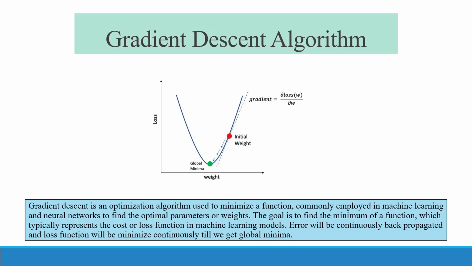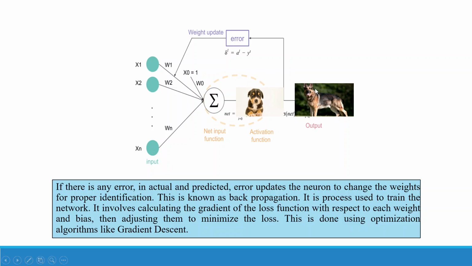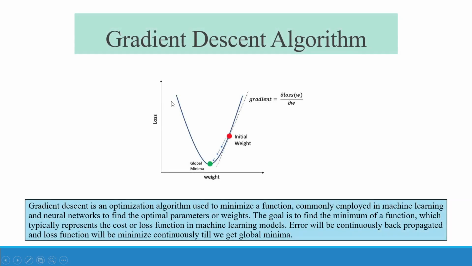Now let's see the graph of gradient descent. It's very simple. See, this is loss. Loss means the difference in the actual and predicted. The error should be minimum. So this algorithm will run till we achieve the global minima.